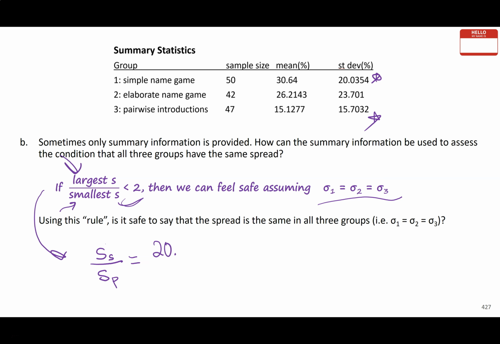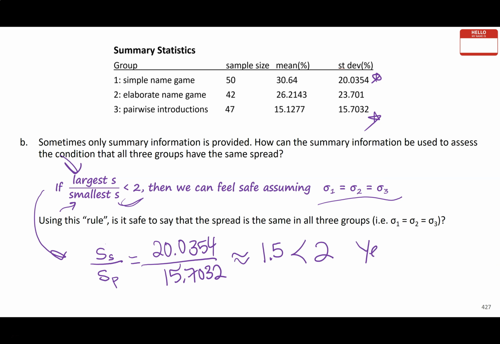That's 20.0354 over 15.7032. I can tell you right off the bat that's not going to be at least 2. 20 over 15 is more like 1.5, which is less than 2.